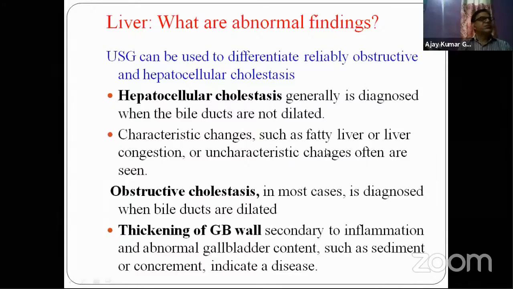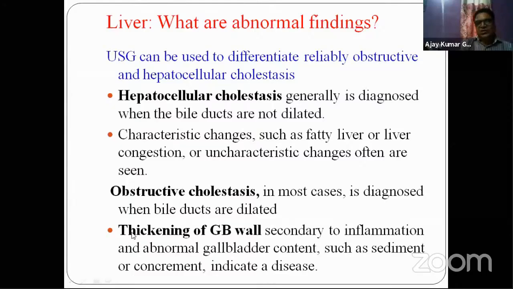The bile ducts, however, will not be enlarged or dilated in case of hepatocellular cholestasis. Whereas in case of obstructive cholestasis, the bile ducts will be dilated. So by using ultrasonography, you can reliably distinguish between hepatocellular cholestasis and obstructive cholestasis.